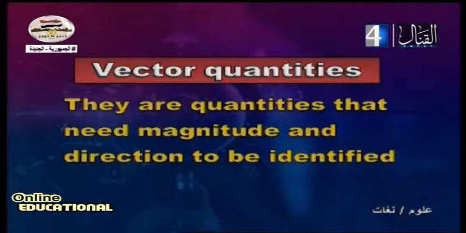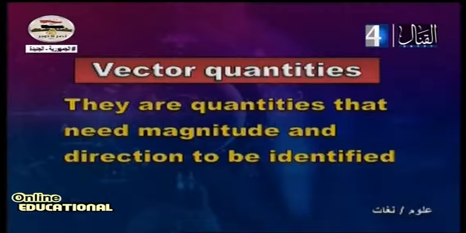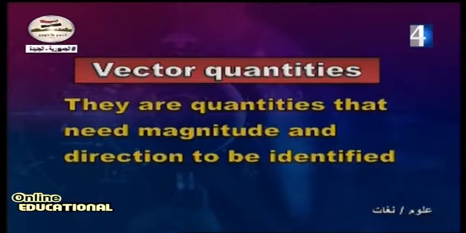So the addition in the vector physical quantity is the direction. If I ask what is the difference, compare between scalar and vector physical quantity, give example, okay? I will ask you to compare between them. In the scientific term I may say what is meant by vector physical quantity, and you say they are quantities that need magnitude and direction to be identified.